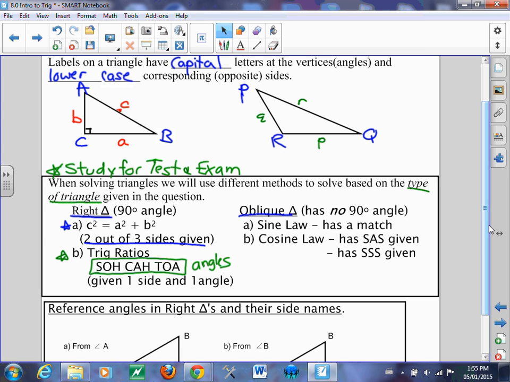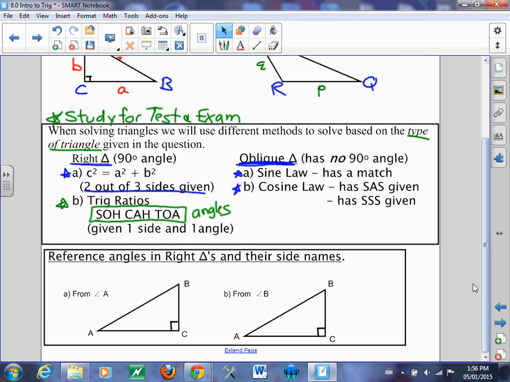And if you get a word problem that has no 90 degree, then you're doing something different, which is called an oblique triangle. And there's 2 new laws you're going to learn, which is sine law and cosine law, and we'll go over that when we do each lesson separately. You'll understand that in a little bit more detail. So for now, just write it out, folks, and that's a good summary for the rest of the unit. Okay? Awesome.